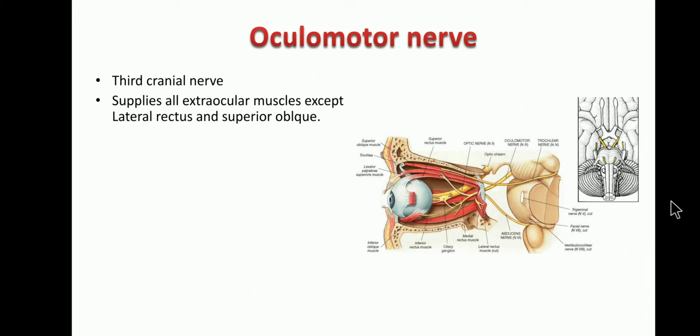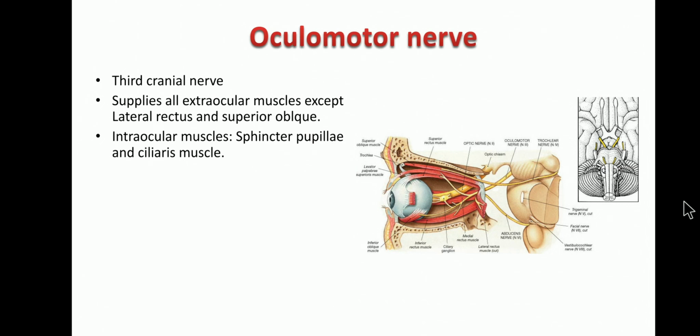Any cranial nerve you discuss, you should know the functional components. So functional components mainly refers to the types of fibers these nerves contain. So, apart from the extraocular muscles, it also supplies the sphincter pupillae and the ciliaris muscle through the parasympathetic fibers.